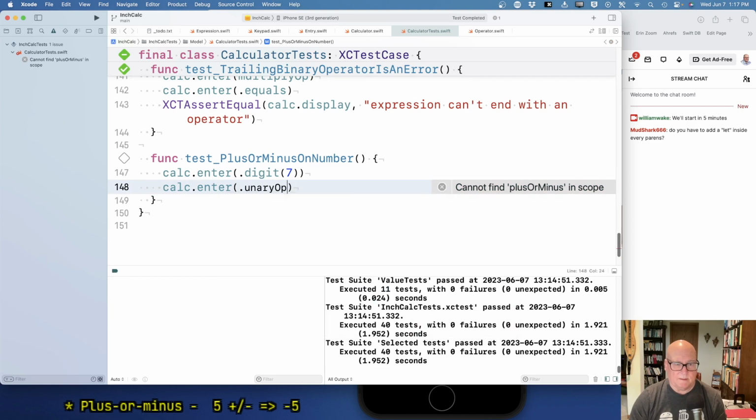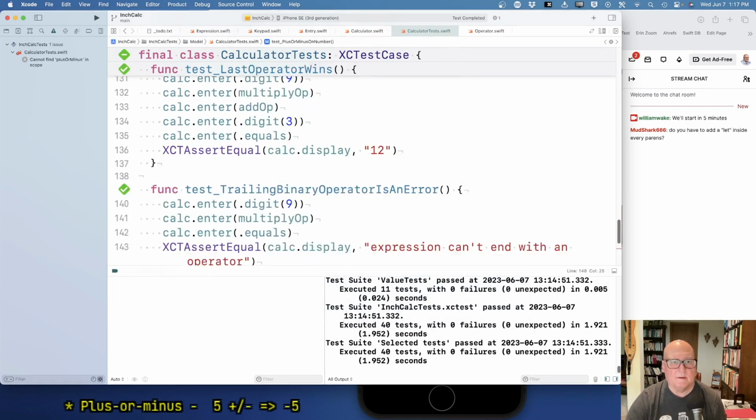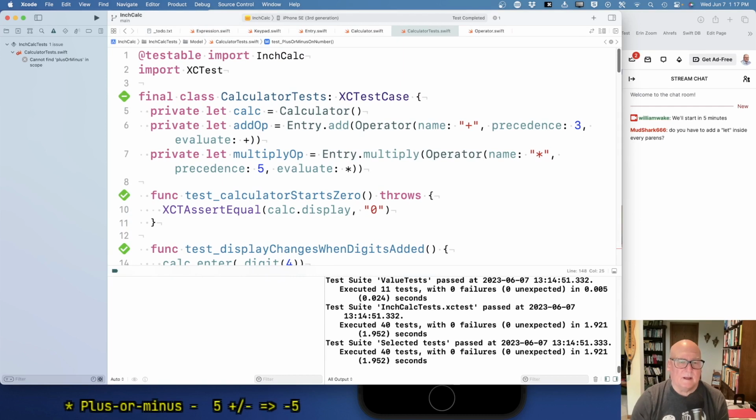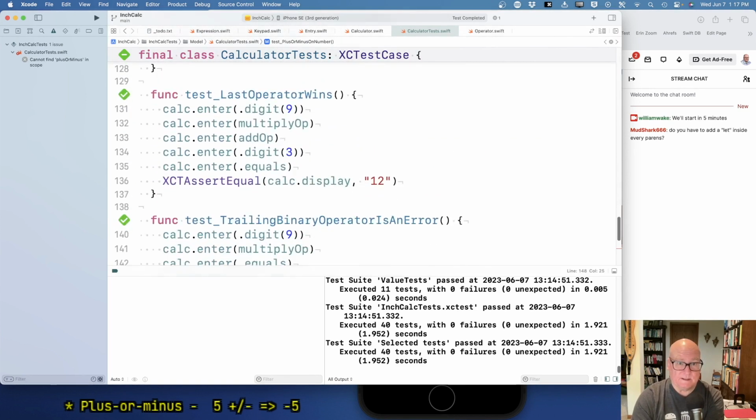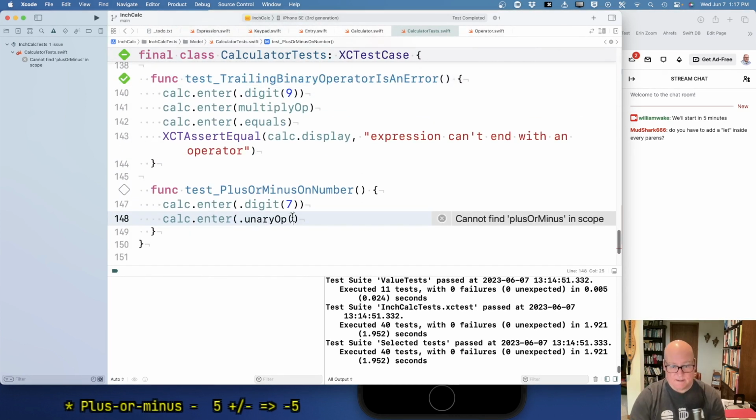Let's say unary op. And I don't think they're going to have precedence in the same way the other ones do, that we just automatically apply them. Or you could think of it as the highest precedence, but I don't even think it is. Is our algorithm going to care? I'm not sure what will happen on the evaluation side. So we'll create it as another operator, I guess, and see what we get going.